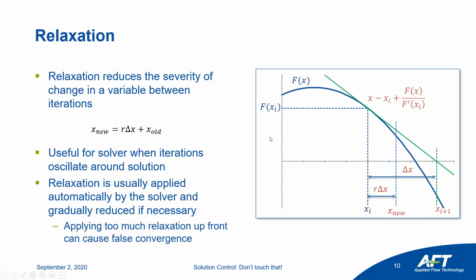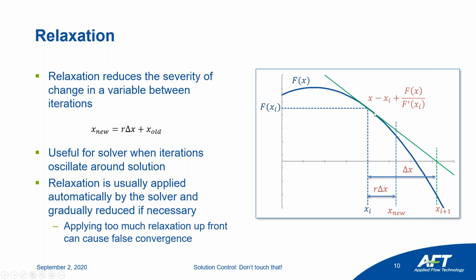One important thing to note with relaxation, and one potential pitfall you can look out for, is that applying too much relaxation up front can lead to false convergence. So if your relaxation is below your tolerance, then it doesn't matter what this change in x is. Your relaxation might be so small that it barely changes x.